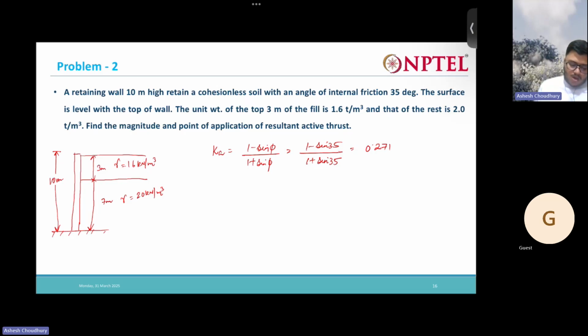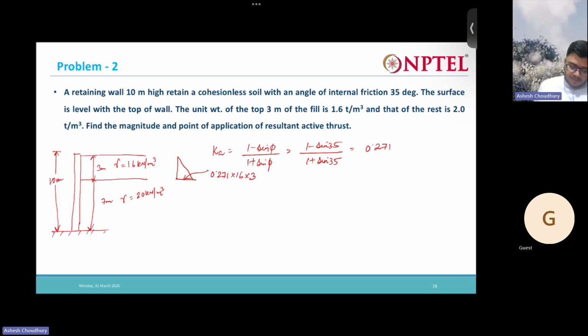Now at the top portion, you have two layered soil, right? So the top portion we are having something like this till here. And how much is this? This is 0.271 times 16 times 3.